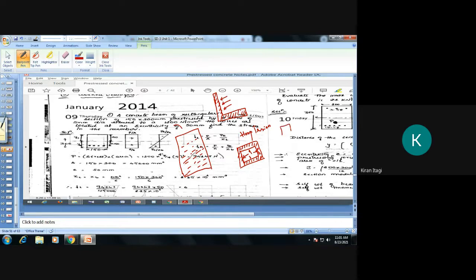Our RCC will be fully packed solid, but in the case of barrels, water tanks, and water retaining structures, it will be hollow inside. So the tensions which act on the walls are called hoop tensions.